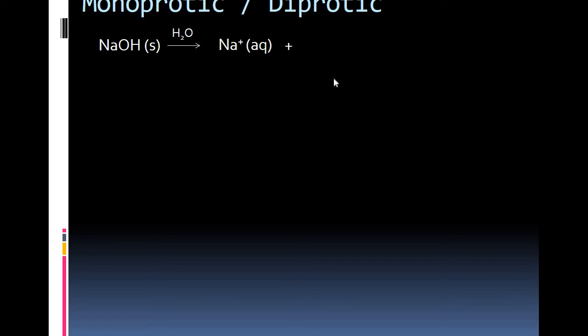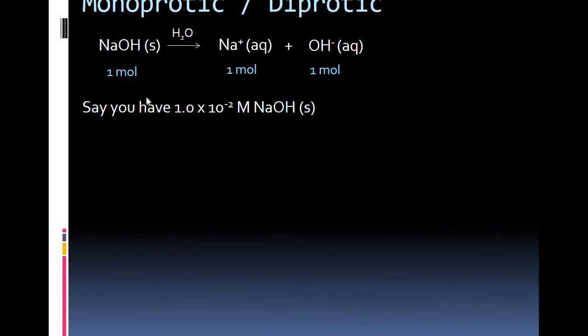All right, monoprotic and diprotic are very important when it comes to calculating hydronium ion concentration or hydroxide ion concentration. If you have 1 mole of sodium hydroxide, it will dissociate and give you 1 mole of hydroxide. So that would be considered monoprotic.